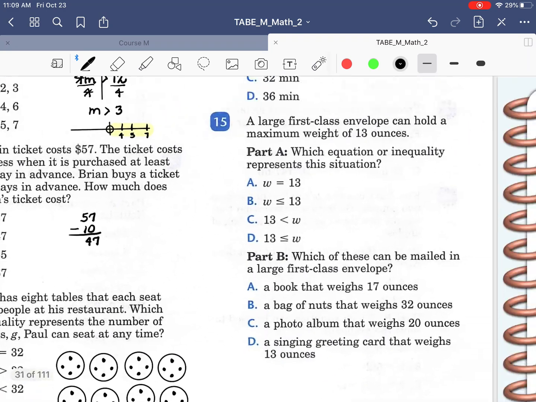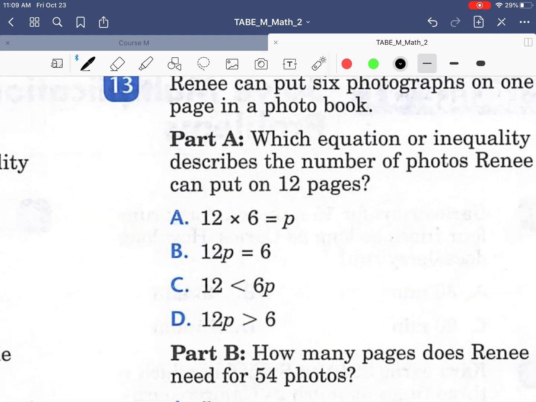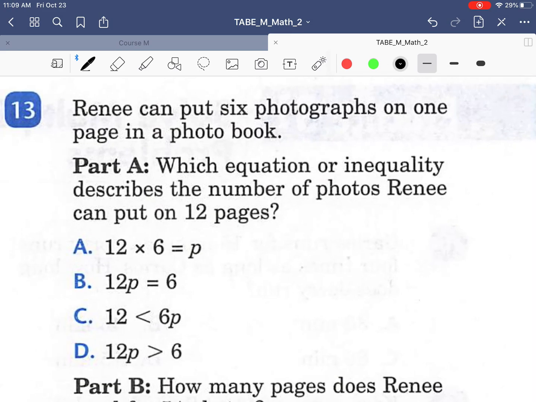Okay, number 13. Renee can put 6 photographs on one page in a photo book. So you know what I'm going to do. 1, 2, 3, 4, 5, 6. This is one page.